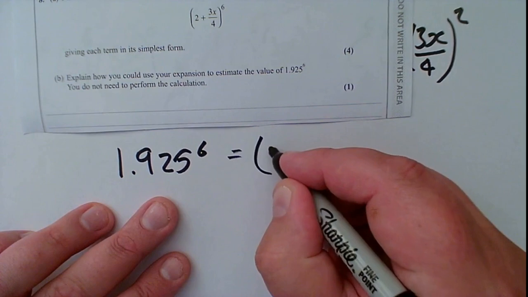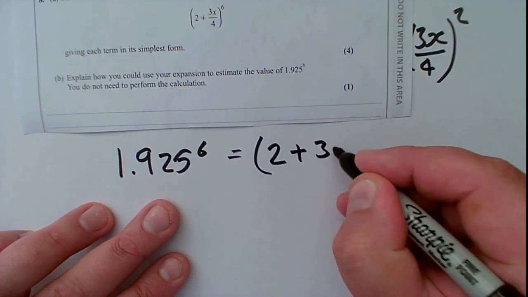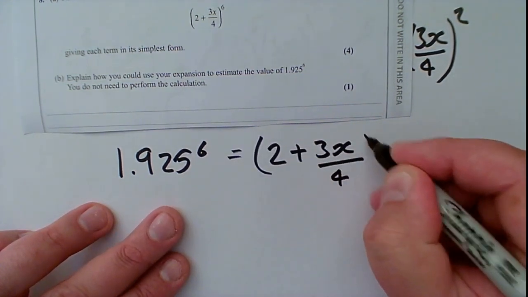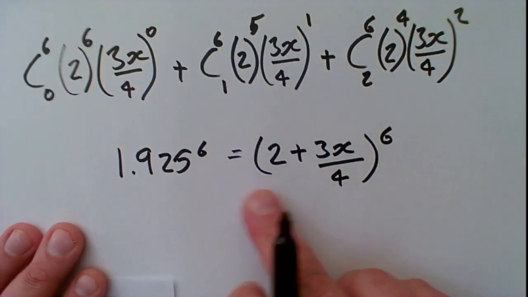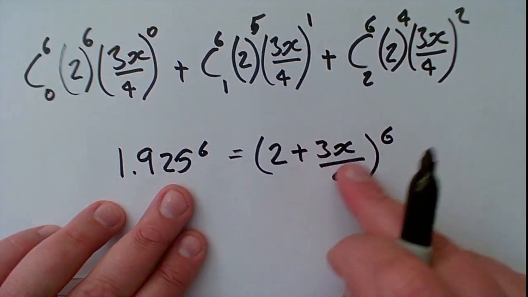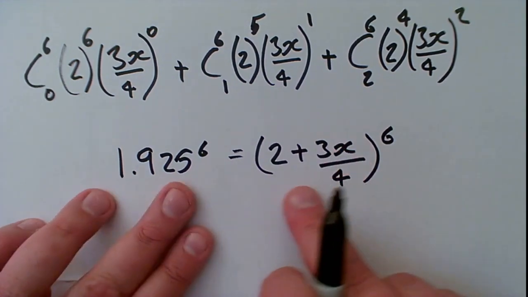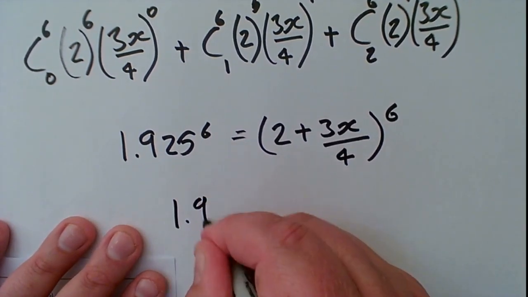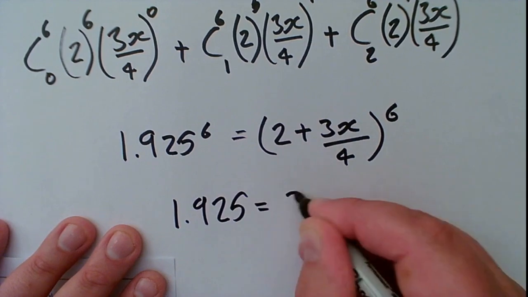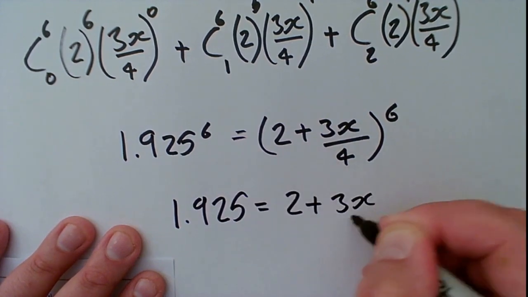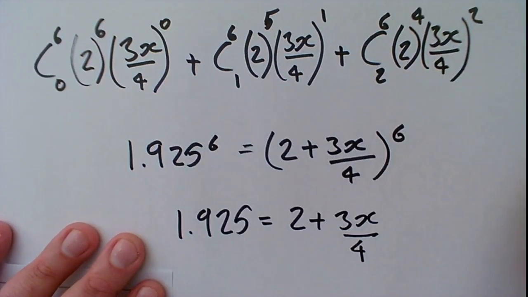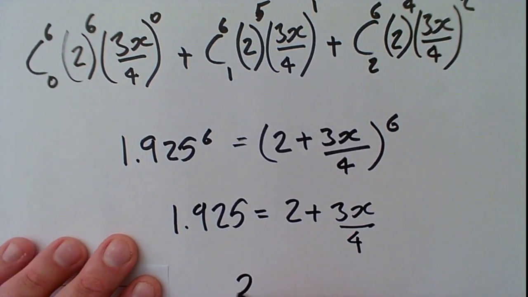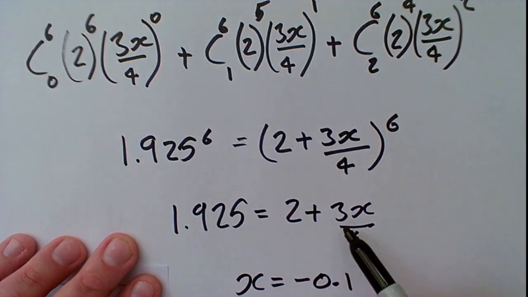Let's just put this here and say, if it was equal to that, then what I could do is, if I can find an x here where this entire, in other words, if I can make 1.925 equal to 2 plus 3x over 4, then I could substitute it into the entire expansion. Let's just carry on with this. x equals minus 0.1 is what you've got. So all we're doing is setting these two things equal.